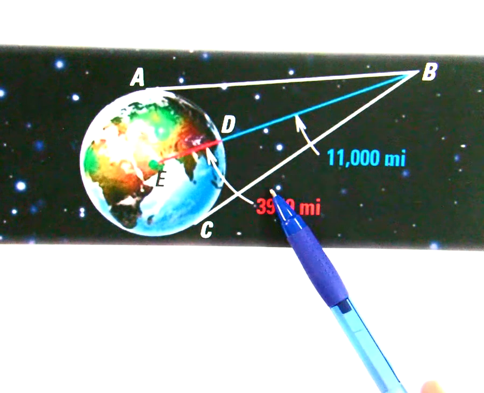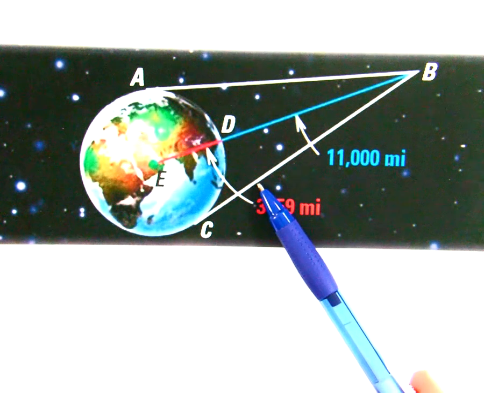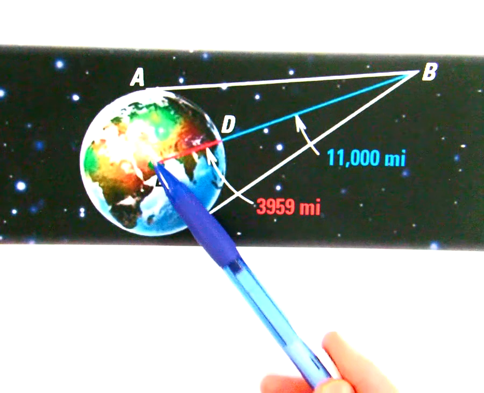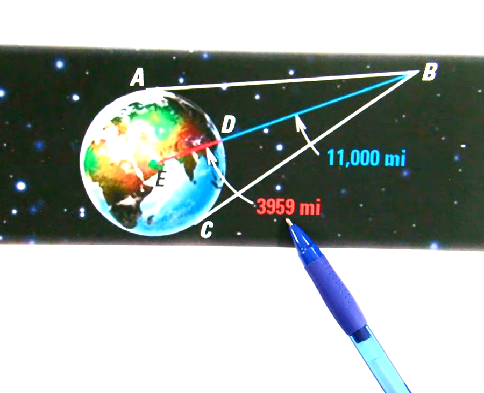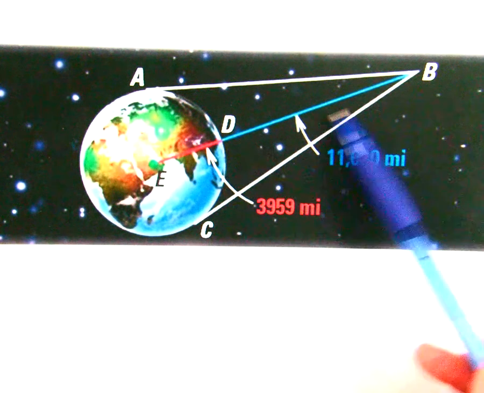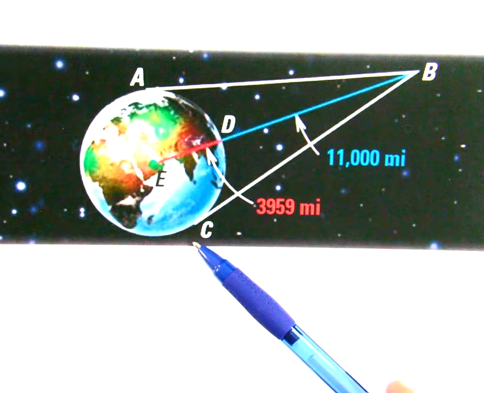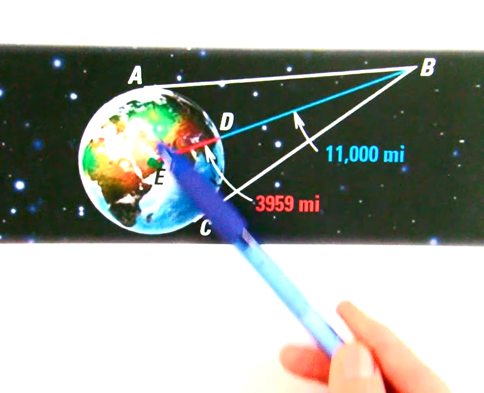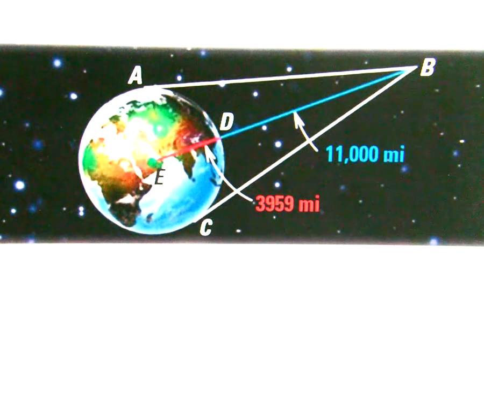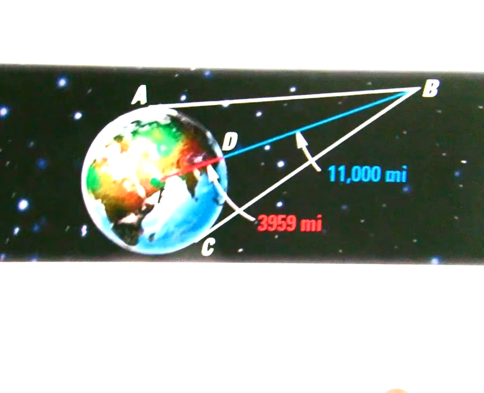Both of these lines of sight are tangents, which means they're perpendicular to the radii. Here we have the circumference of the Earth given and the distance, and so various calculations can be done here with regard to this. To do that, you'd want to make a triangle with the radii and work around it and generally have a good time.